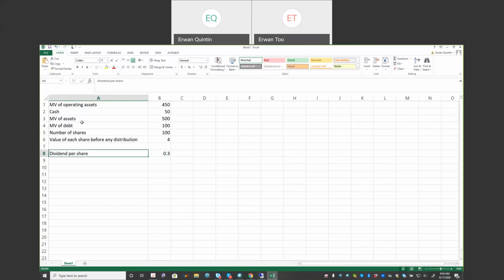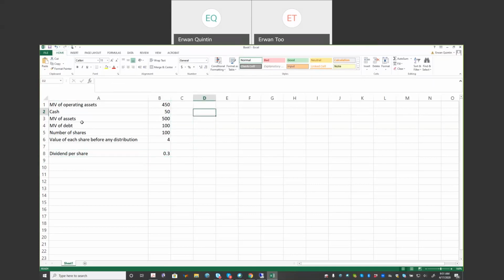Okay, so now the question is, how am I going to finance this dividend? So that's one question, and second is, does it matter? And of course, Modigliani and Miller are going to say that it doesn't matter whether or not you distribute, and even if you choose to distribute, it does not matter how you find a way to finance this dividend.